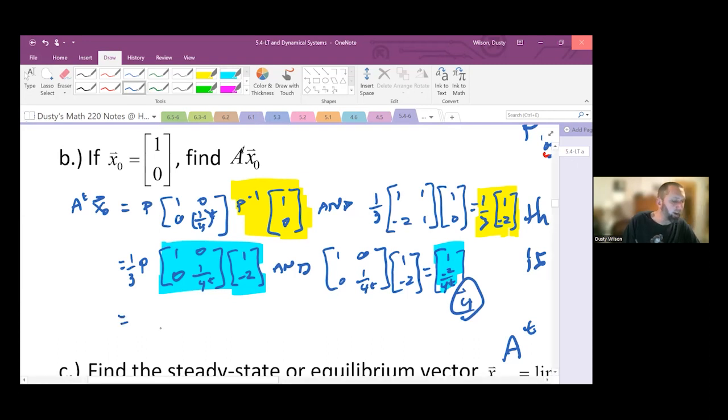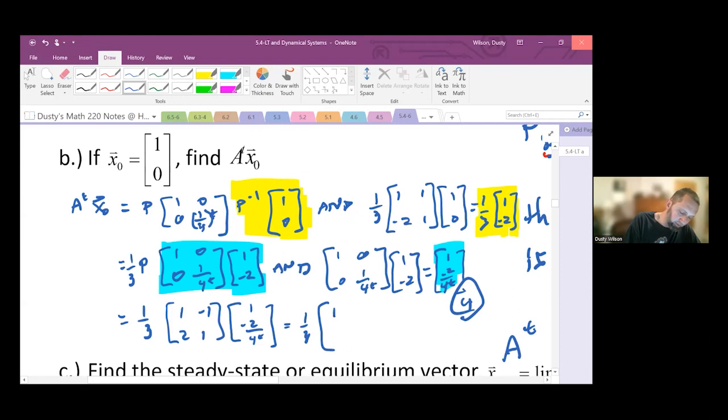Which tells us that A to the t x naught is equal to 1/3 times P, and our P is the [1, -1; 2, 1] that we started with, times this [1, -2 over 4 to the t]. This would be equal to 1/3 out front times [1 plus 2 times 1 over 4 to the t; 2 minus 2 times 1 over 4 to the t].